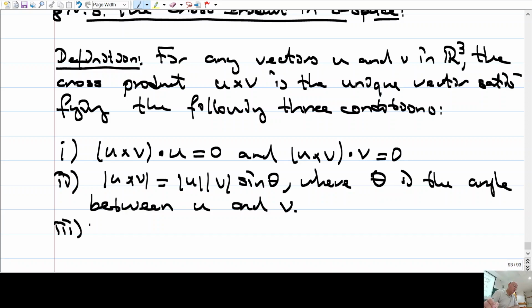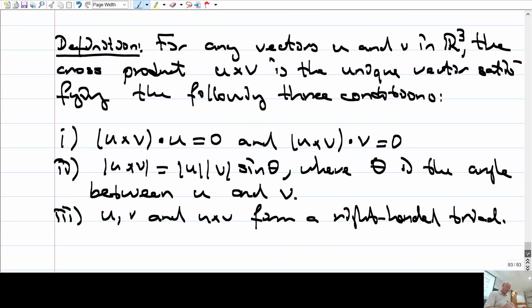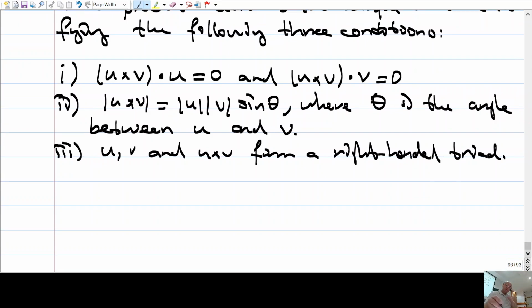And the third condition is that u, v, and u cross v form a right-handed triad. What does it mean? I already told you that u cross v is perpendicular to both of them.